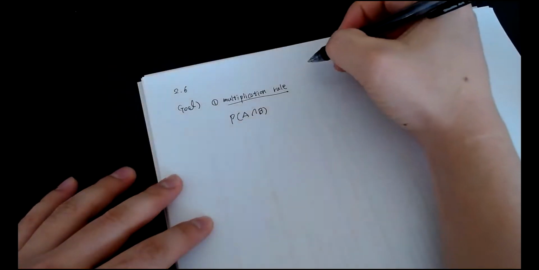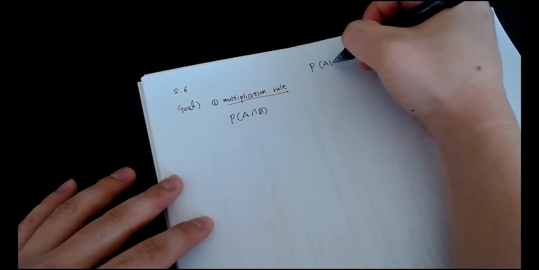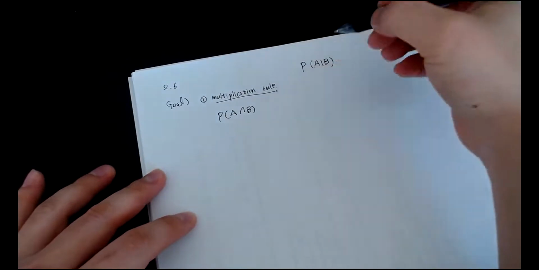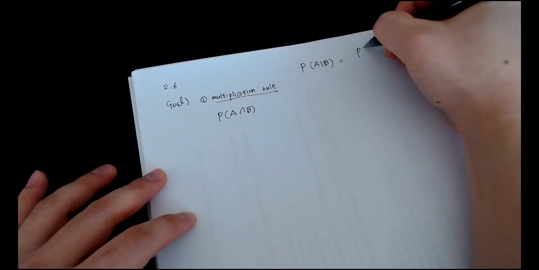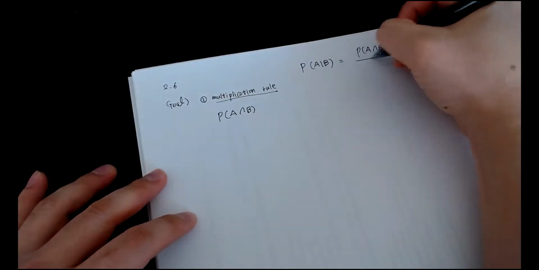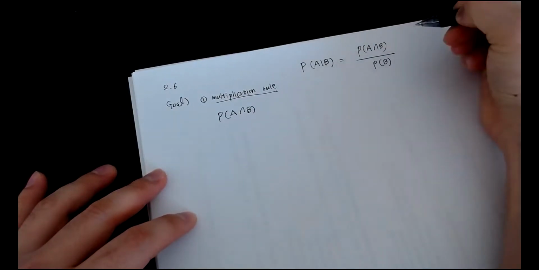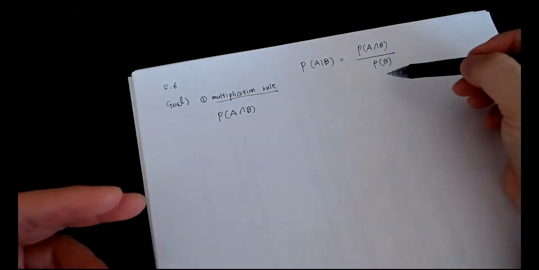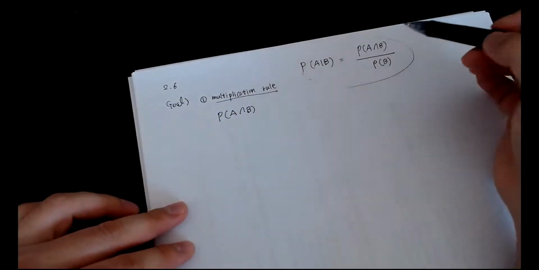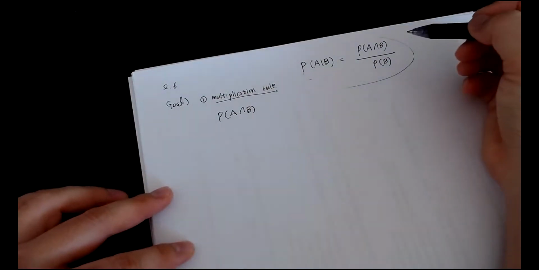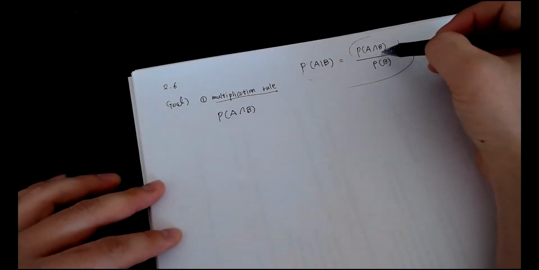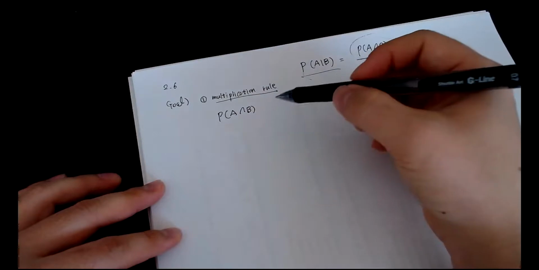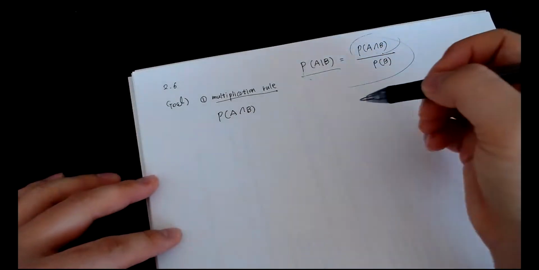In conditional probability, P of A given B, which means the probability of A given that event B has already occurred, was P of A intersection B over the probability of B, right? When I introduced conditional probability, I mentioned that we could express P of A intersection B in terms of conditional probability. That's the multiplication rule we're going to study in section 2.6.